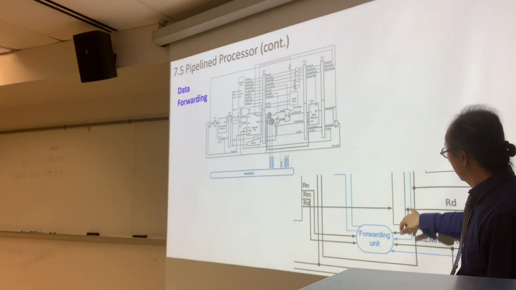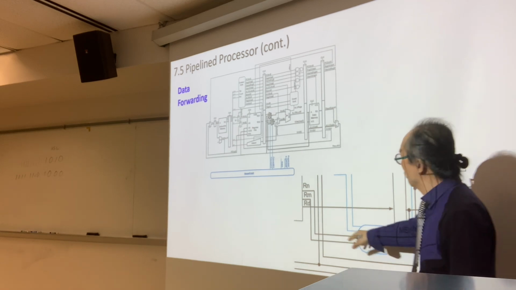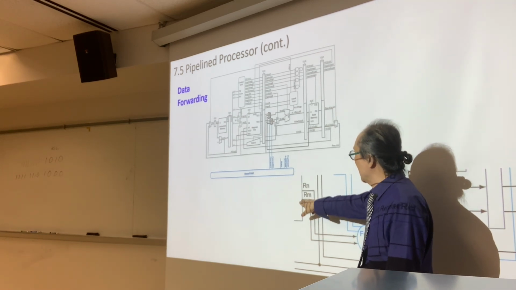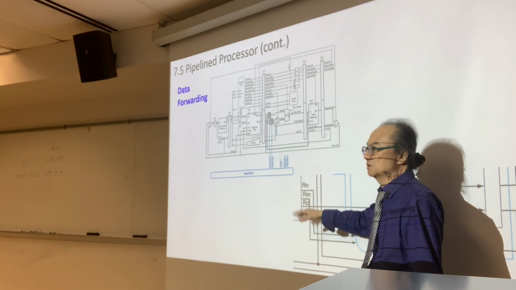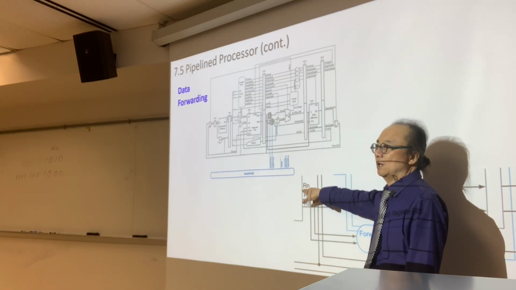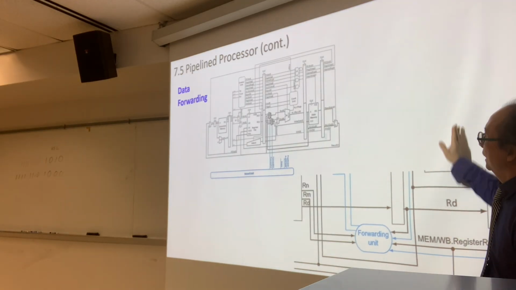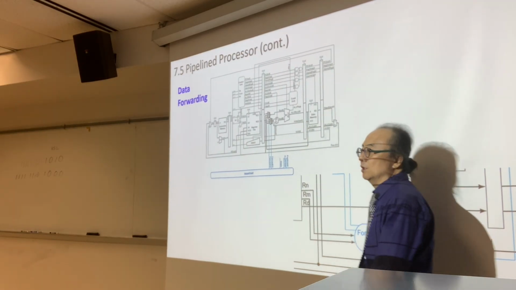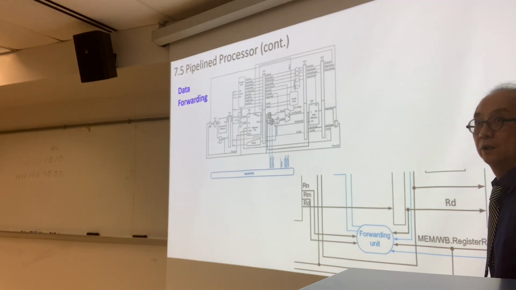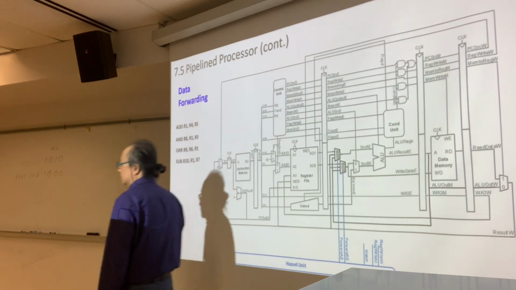But just by comparing this RD with RN and RM, if it's RD, it doesn't matter. But when the source registers RN and RM match the RD in the MEM stage, we need to activate this forwarding unit. So we're gonna go through this next time.